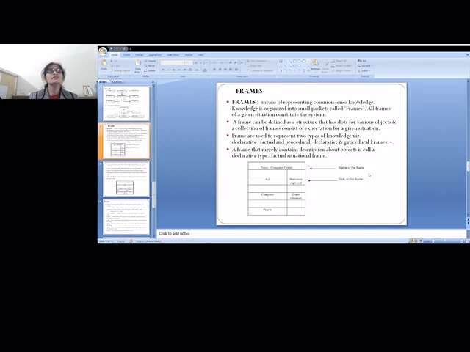That means a frame consists of slots and values. In slots, we represent various components of the frame, and according to the slots the values are assigned.